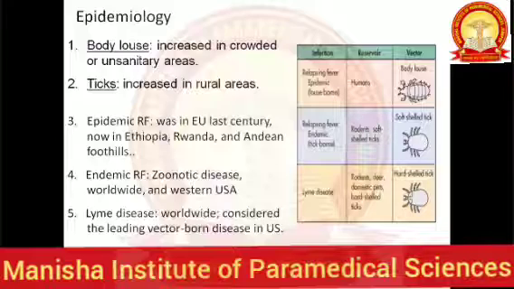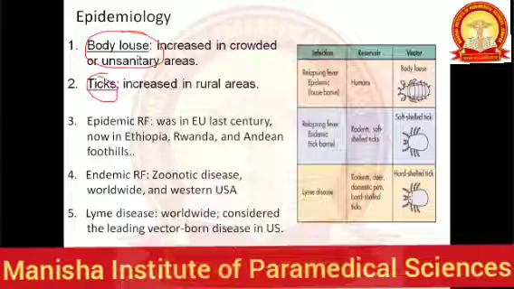If we think about Lyme disease, the reservoirs are rodents, deer, and domestic pets, and the ticks of those animals carry the bacteria for this Lyme disease, and that's why they need these louse and ticks to complete their life cycle.